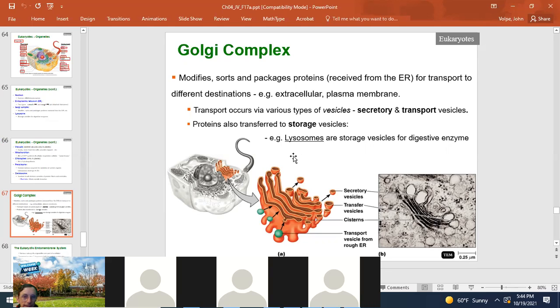I've already talked about lysosomes, so I won't go further. The Golgi complex always reminds me of a stack of pancakes. Here we've got about 4 or 5 pancakes, and then these big blobs. You can pretend that those are blobs of butter on the pancake.